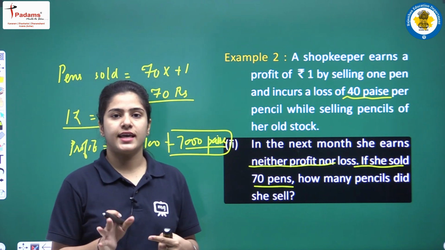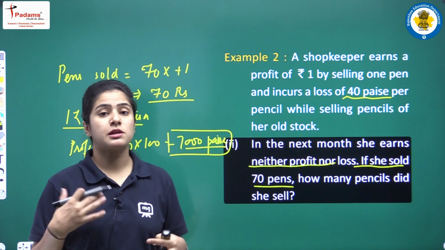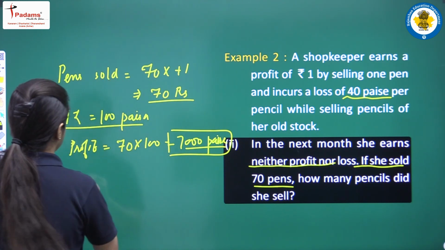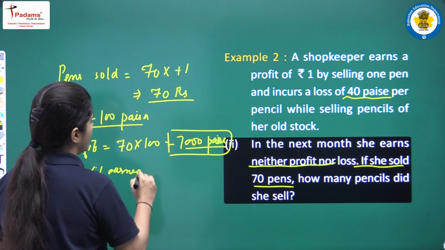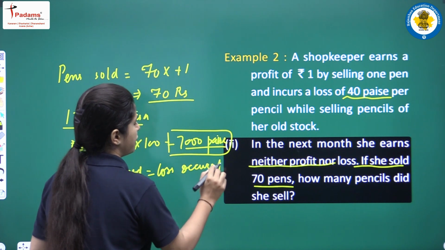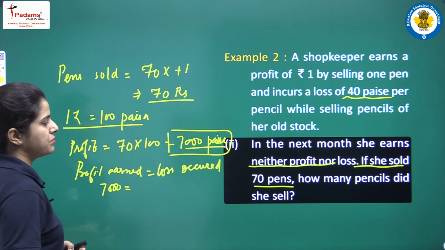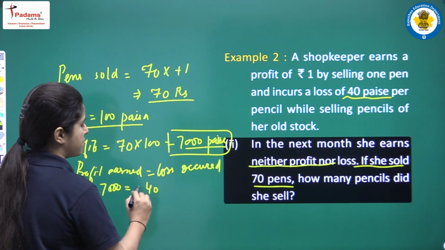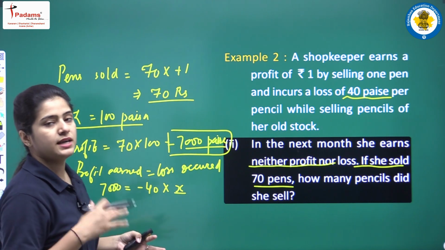now she is having no profit no loss, but we just have a profit of 7000 paise due to selling of pens. Then it means that the total profit earned is equals to loss occurred, which means that 7000 is equals to minus 40 paise into x pencils, because we don't know how many pencils she will be selling.